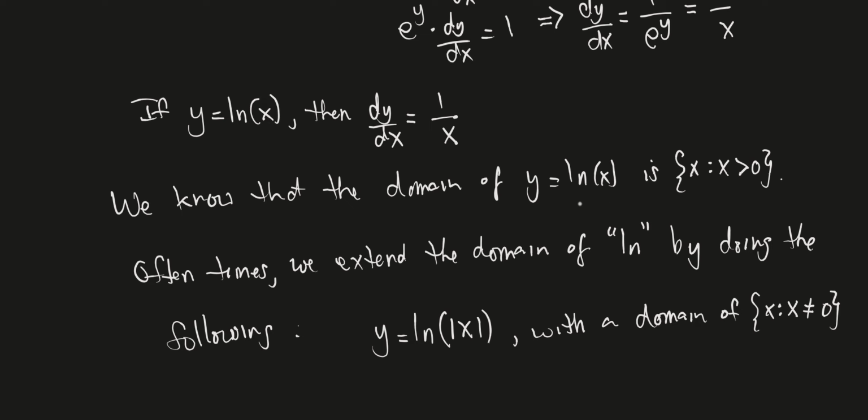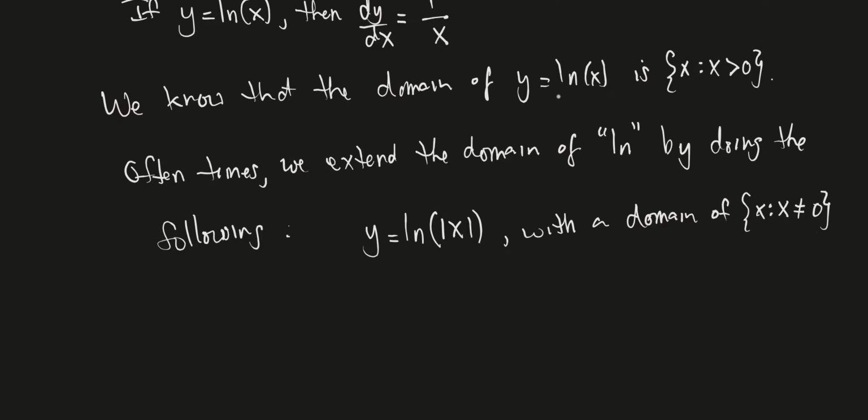Now, I use the word more loosely, because they both have infinitely many numbers. So now the question is, if I were to take the absolute value of x, how would that affect the derivative, right? Well, let's think about what the absolute value function does.